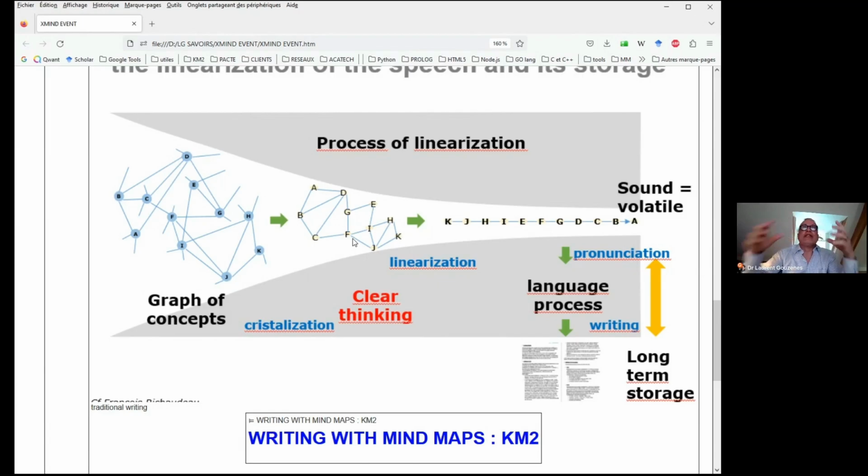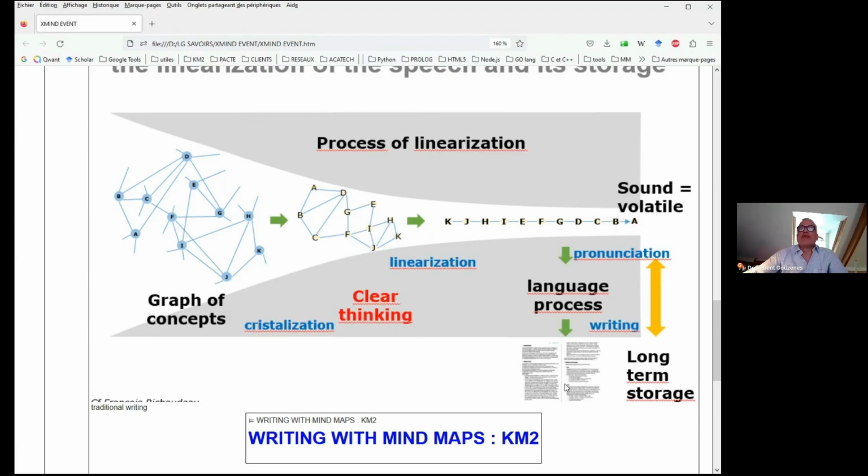This is exactly what we think, and when we draw this thought, it's very close to what we think. It's in fact very similar. So we don't need to do all those steps, which are very slow, and that's the reason why using maps is much more efficient to process knowledge than going through this process, which is long.